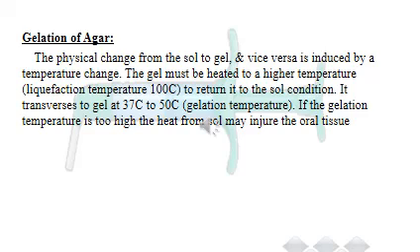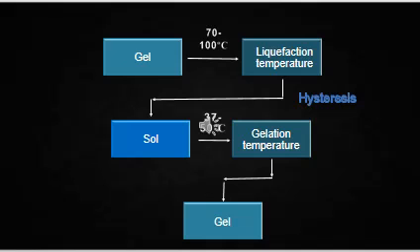If the gelation temperature is too high, the heat from the sol may injure the oral tissue. In this diagram, we see the change from gel to liquefaction and sol, and from sol to gel by changing the temperature.